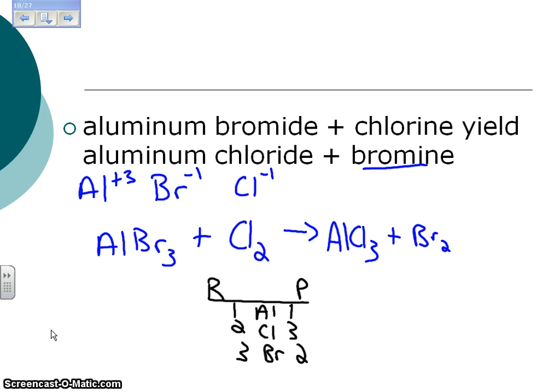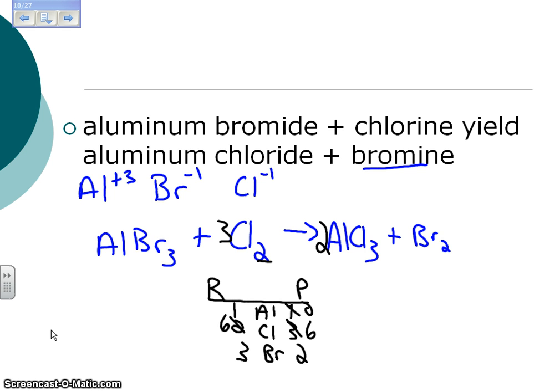So we're going to try to get this 2 to 6 by putting a 3 there. That gives us 6 chlorines on the reactant side, which means we now need 6 chlorines on the product side. So we put a coefficient of 2 in front of aluminum chloride, and this gives us 6 chlorines.